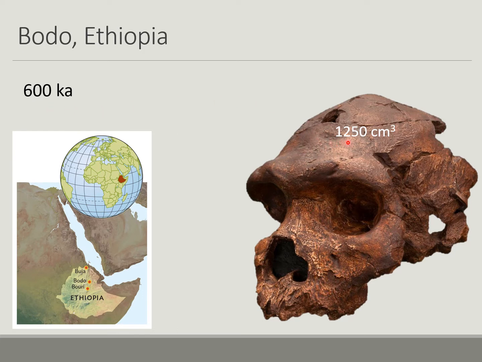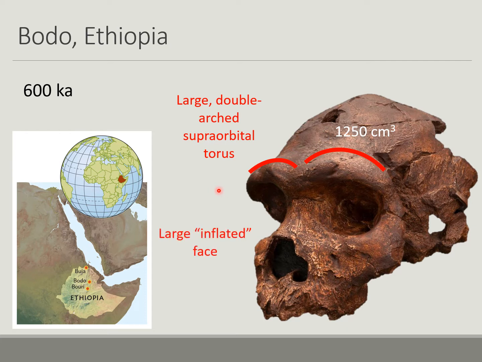You can see here the brain size, 1250 cubic centimeters, larger than Homo erectus, smaller than Homo sapiens, and you can probably see here, right, large double-arched supraorbital torus, aka brow ridge, and the face is large in general, and it's still inflated, so you don't have that depression that humans have.